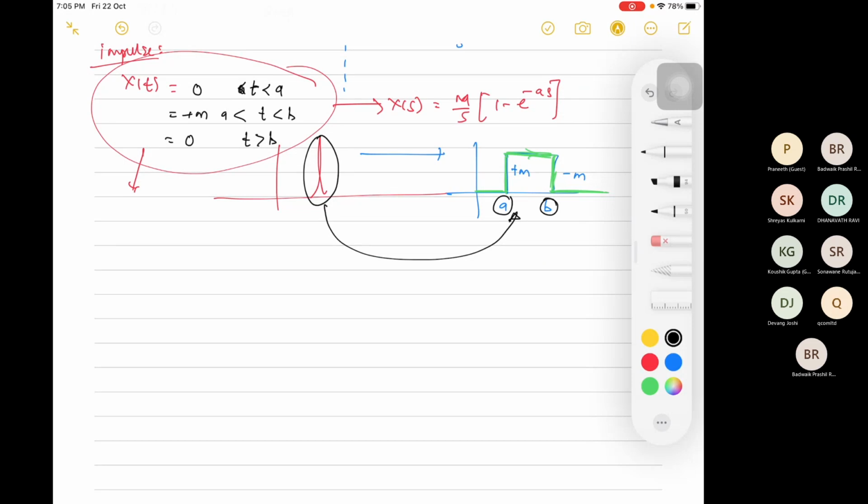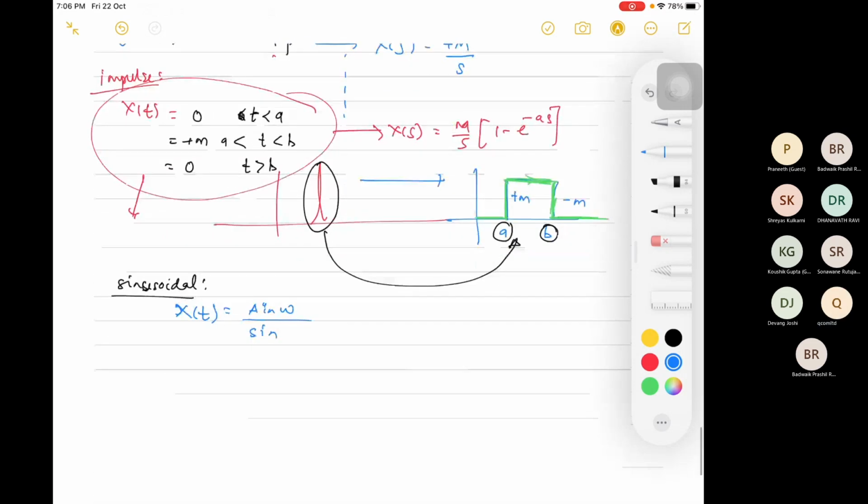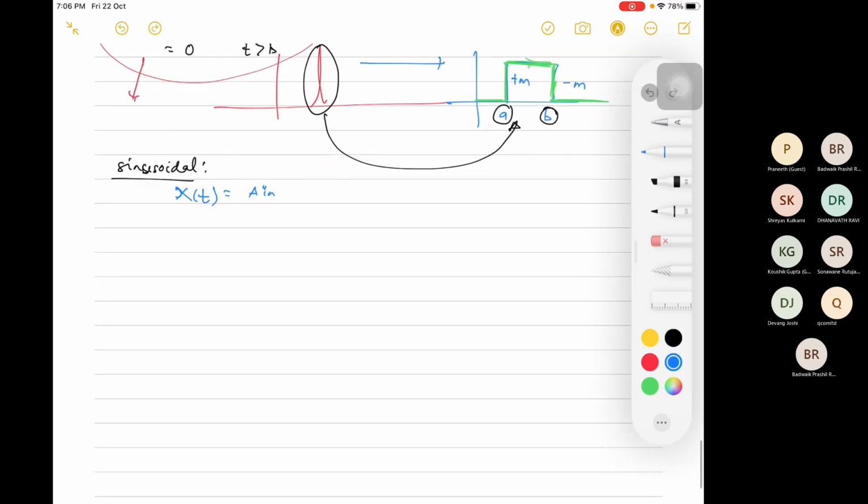And in the case of a sinusoidal input, what happens? Capital X of t is equal to the input amplitude, A in, times sine omega t.